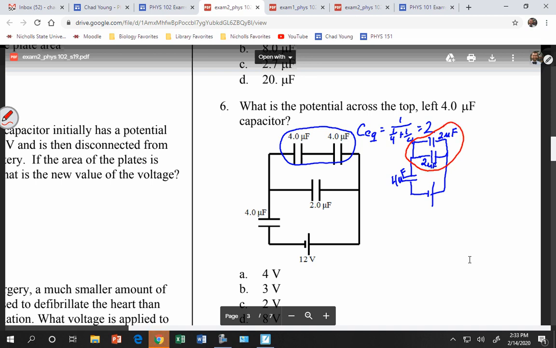Those two are in parallel, and if I redraw them, they're going to have an equivalent capacitance of 2 plus 2 equals 4 microfarads. Because I know the equivalent capacitance for capacitors in parallel is just the sum of the individual capacitors. And so this is going to be 4 microfarads, 4 microfarads, and I'm done, almost.